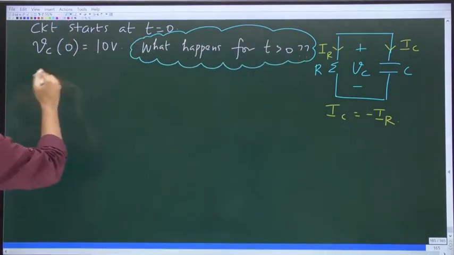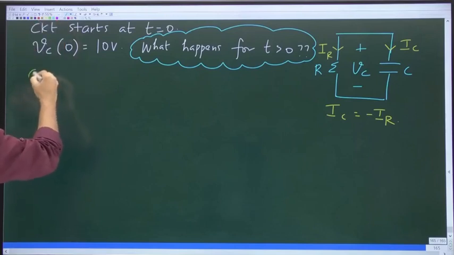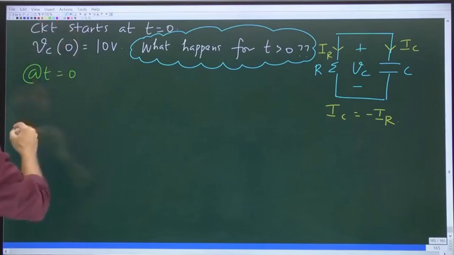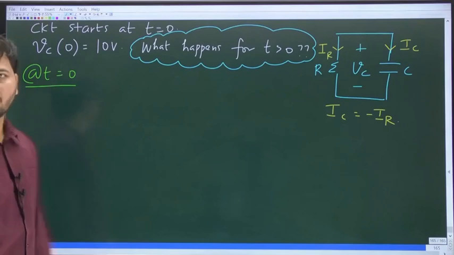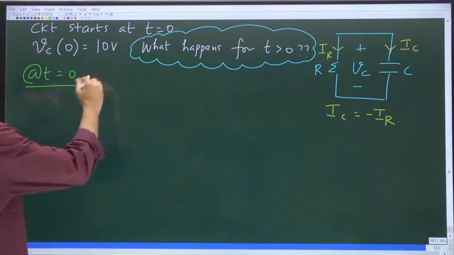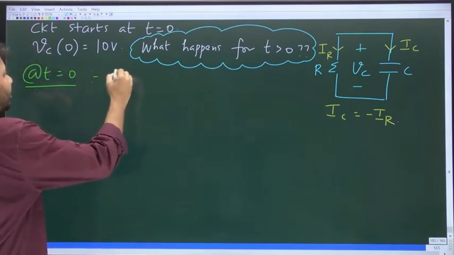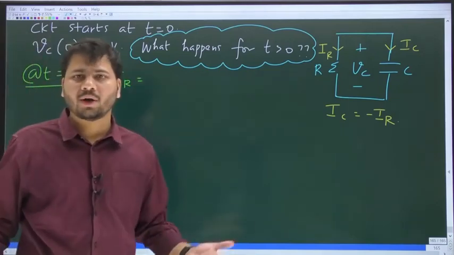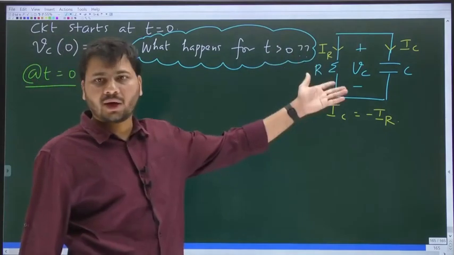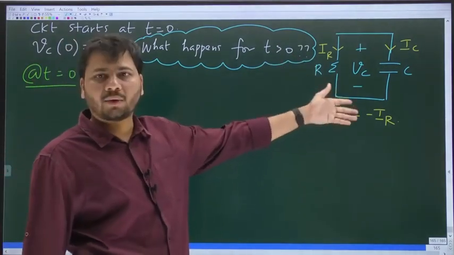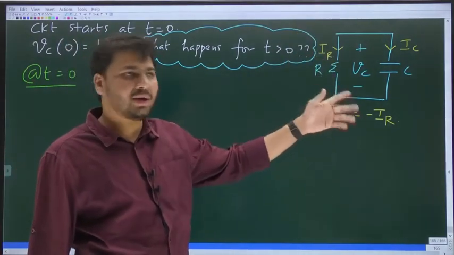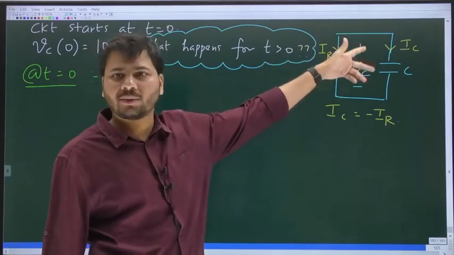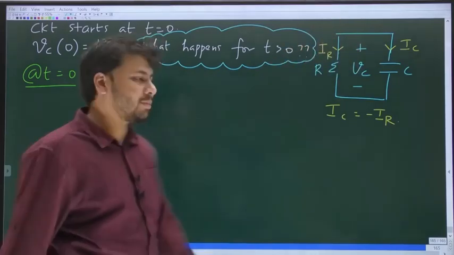Now at t equal to 0, can you tell me the value of IR? IR is the current through R, which equals the voltage drop across R divided by R. The voltage drop across R is the same as the voltage across the capacitor.